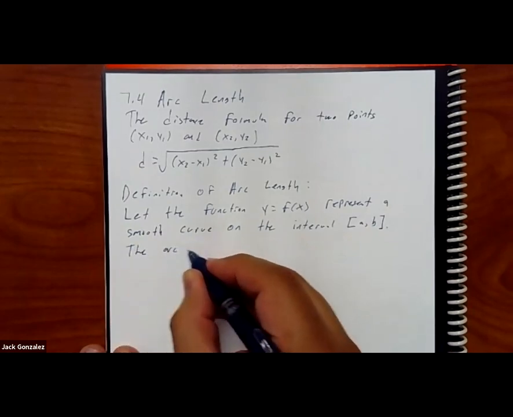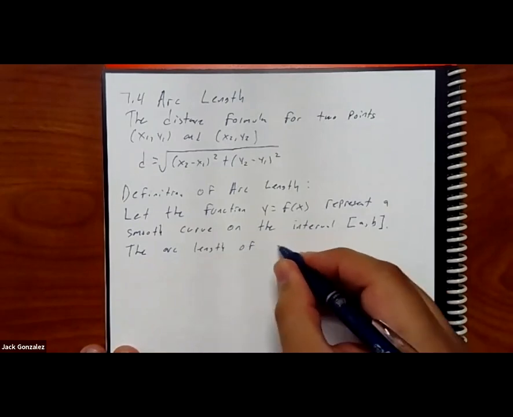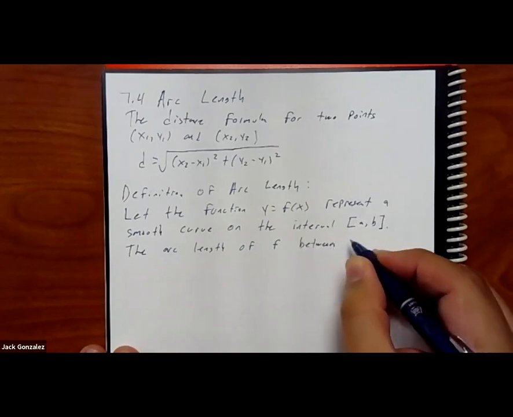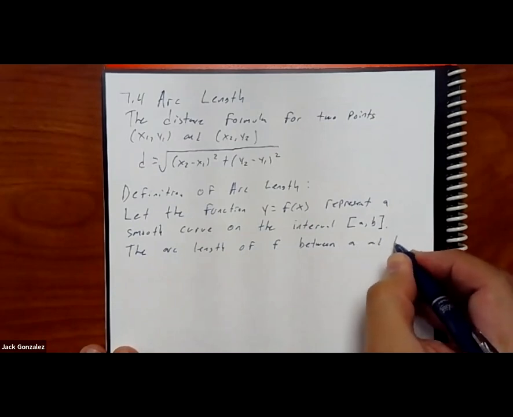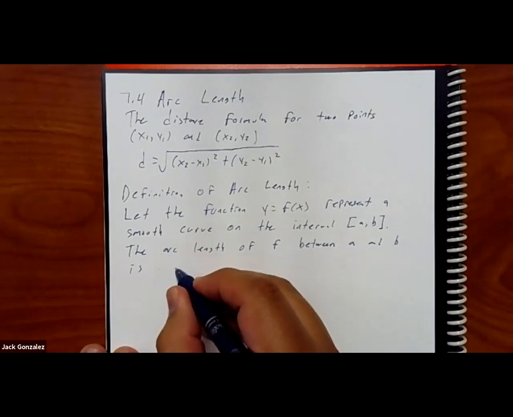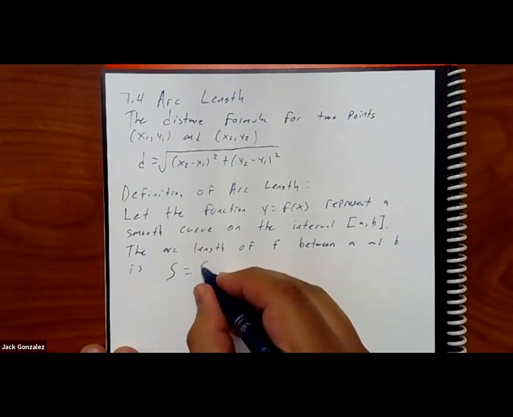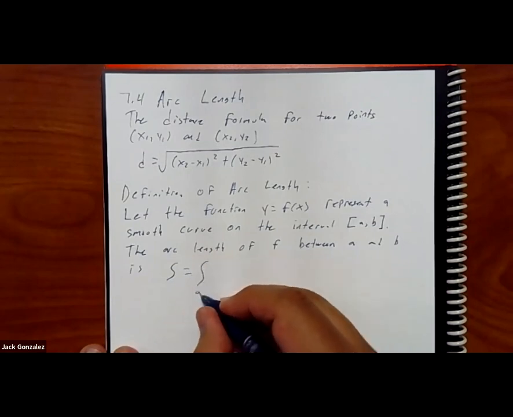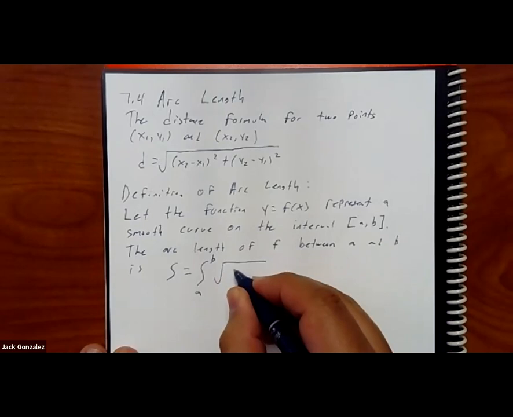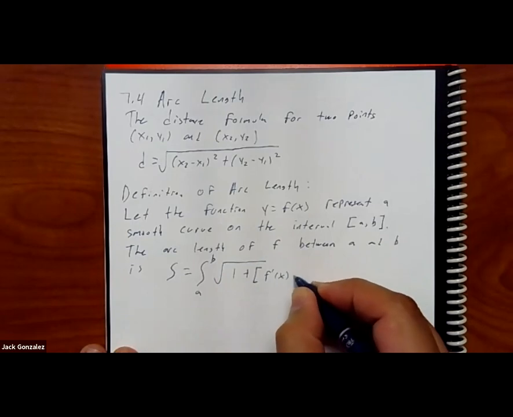The arc length of f between A and B is the following. We'll call it S, I think the book calls it S. S is equal to the integral from A to B of the square root of 1 plus f prime of x squared.